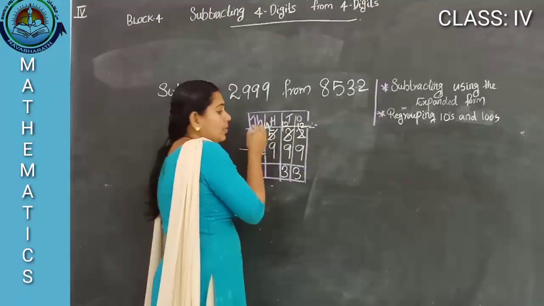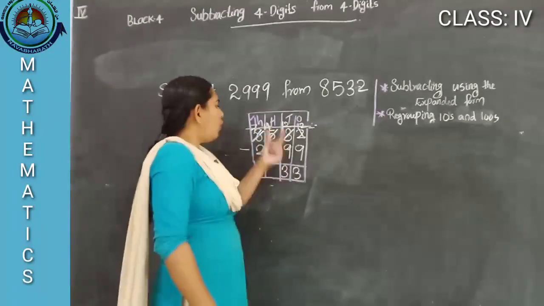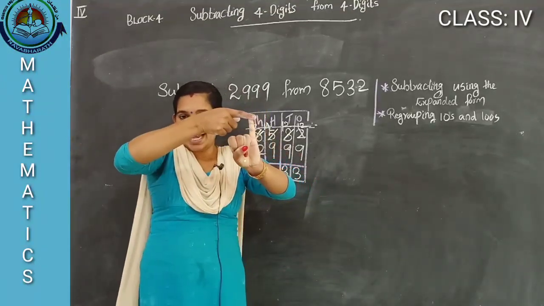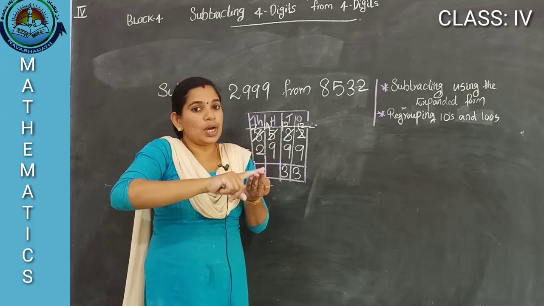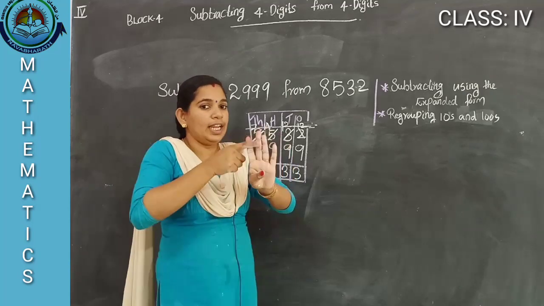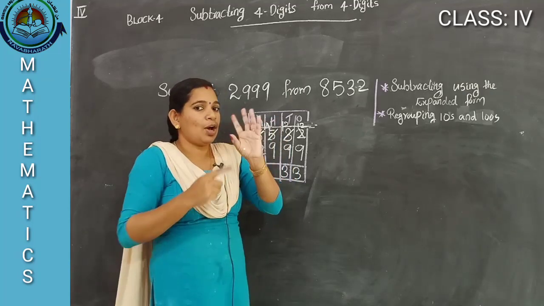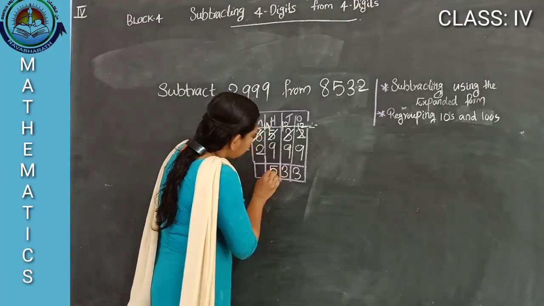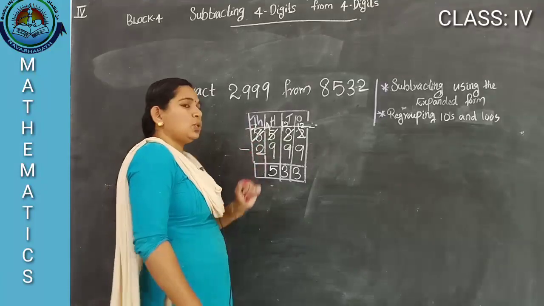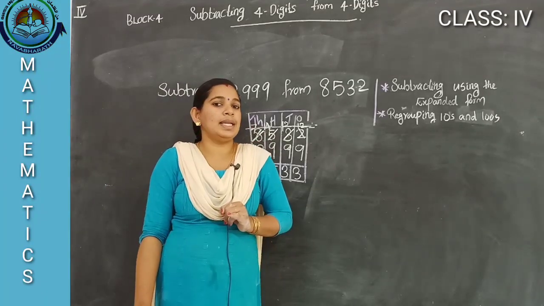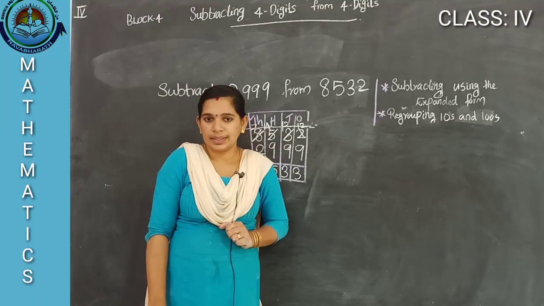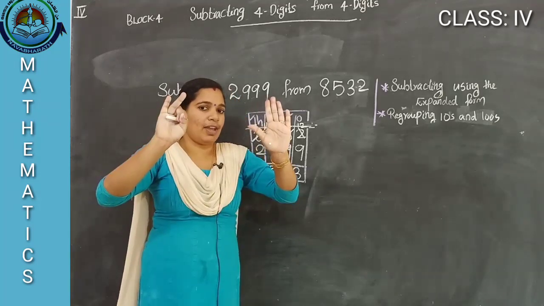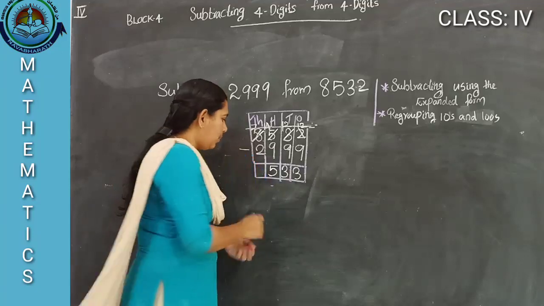This 8 becomes 7. 14 minus 9: 10, 11, 12, 13, 14. How many fingers? 5 fingers. So we write 5 here. Then 7 minus 2. The first number is bigger than the second, so it's possible. 7 minus 2 is 5.